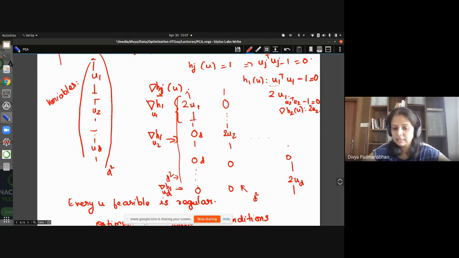These are sets of d numbers which are 0, and so on. The only thing which could be non-zero is the first d entries, which represent the gradient with respect to u1.